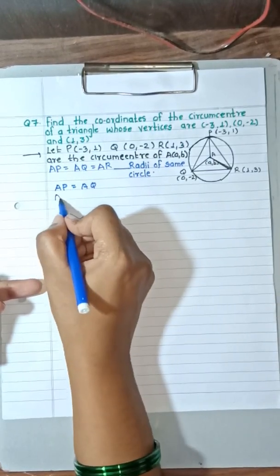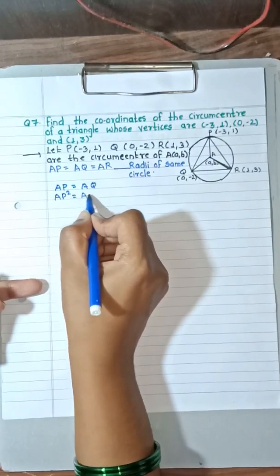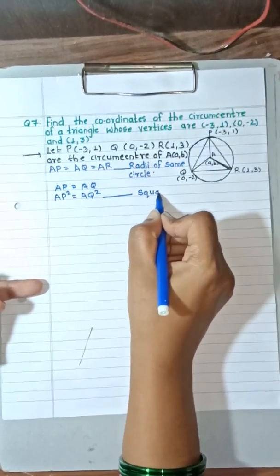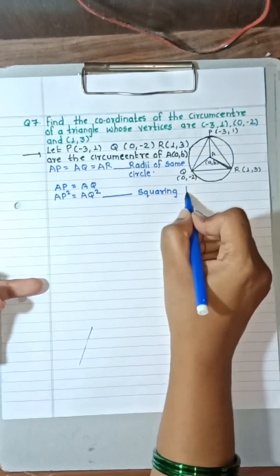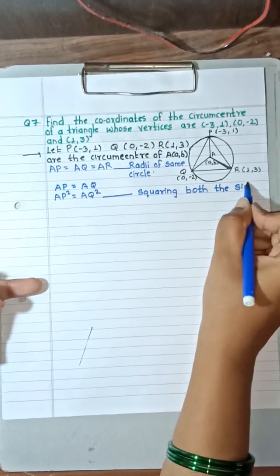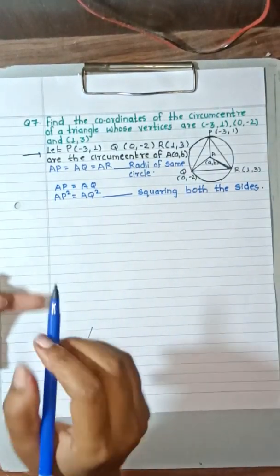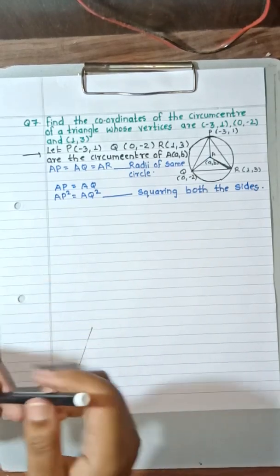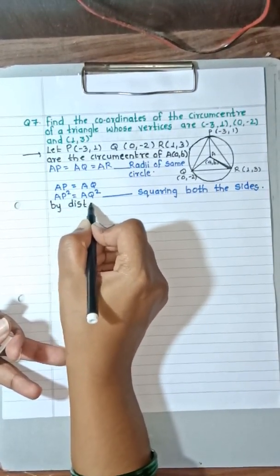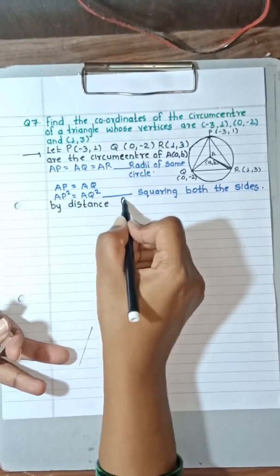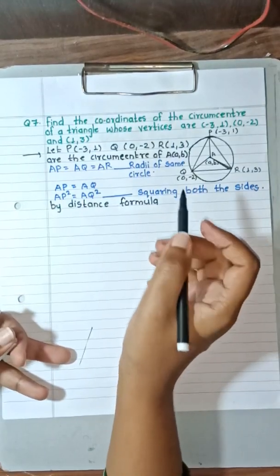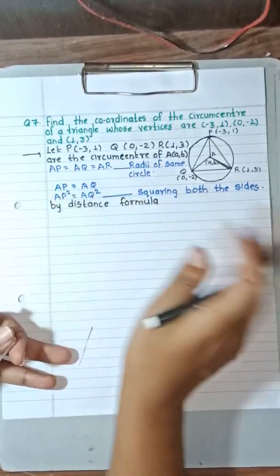On squaring, that is AP square is equal to AQ square, and write down here squaring both the sides. Now by distance formula, now as we have square, the square root will go.